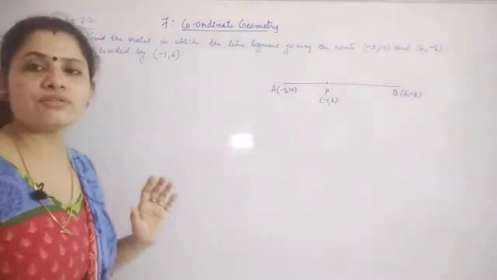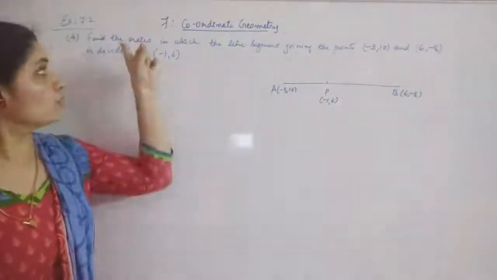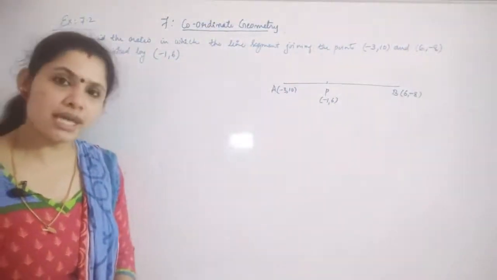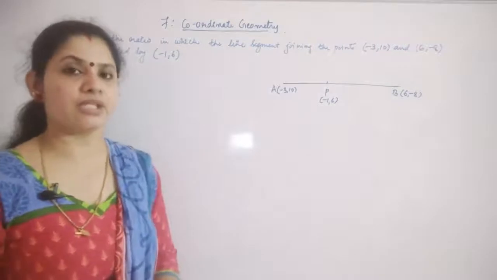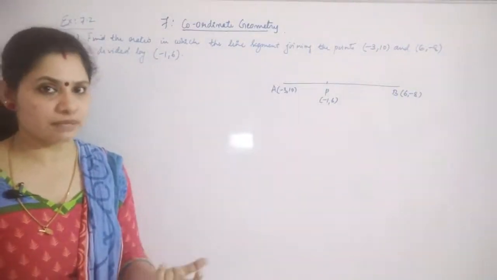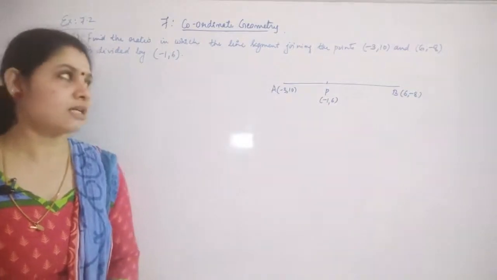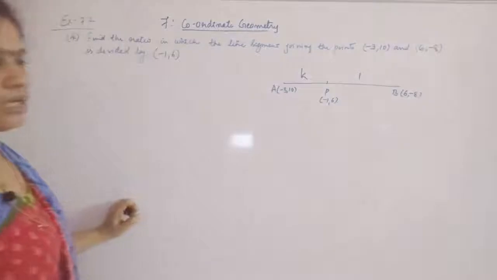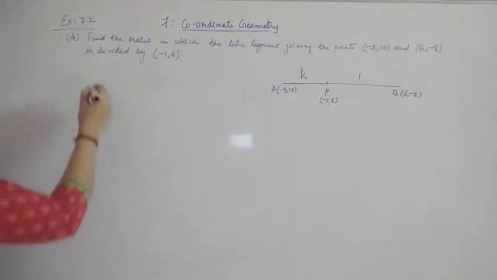Now whenever you have to find out the ratio, at that time you have to take the ratio as k:1 rather than taking m1:m2, because if you are taking k:1, then you have to find out only one value, which will be easy for you.